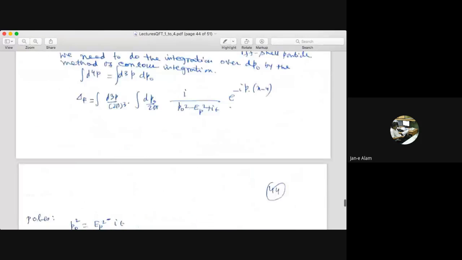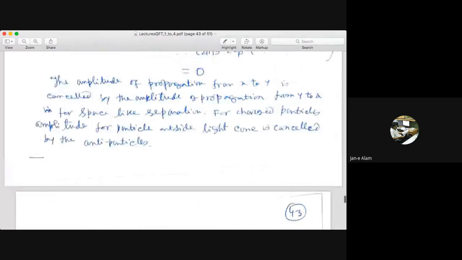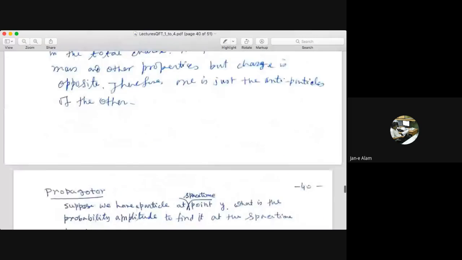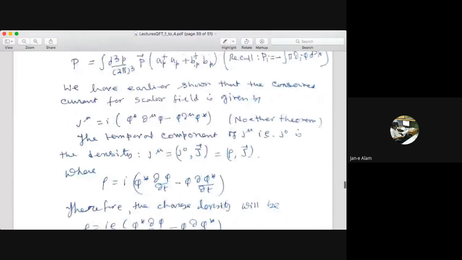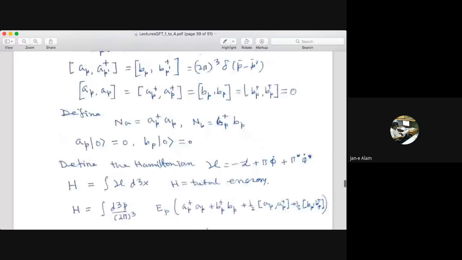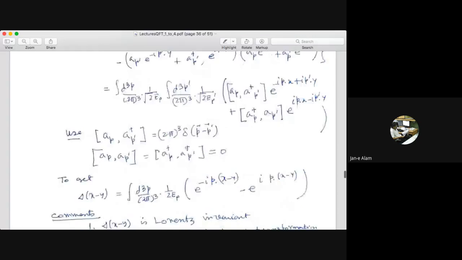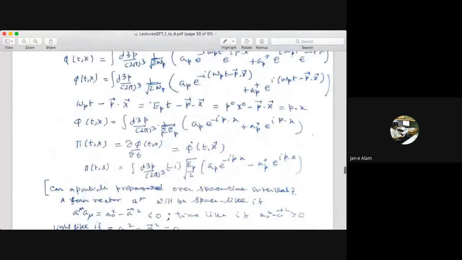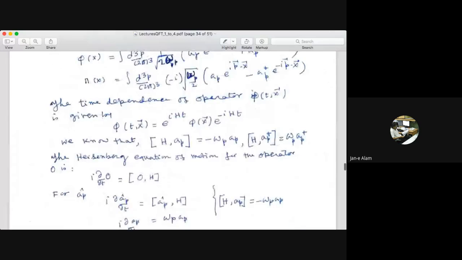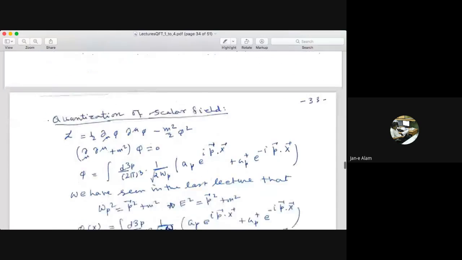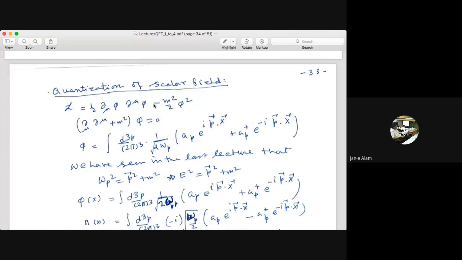Okay. So what we did yesterday is that we wrote down the Lagrangian L for the scalar field phi, which I had constructed by demanding that this kind of combination be Lorentz invariant.